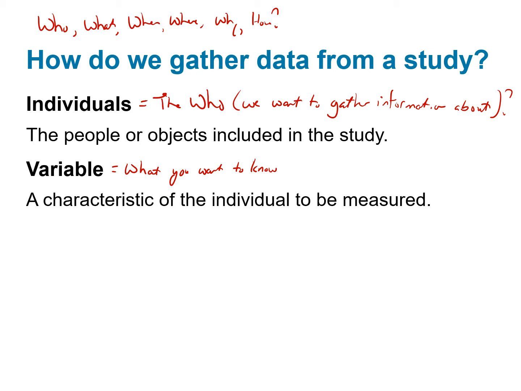Another one, maybe I want to look at how car color preference varies with the age of a person. For example, maybe older people like white cars, whereas younger people like red cars. So those are the variables.